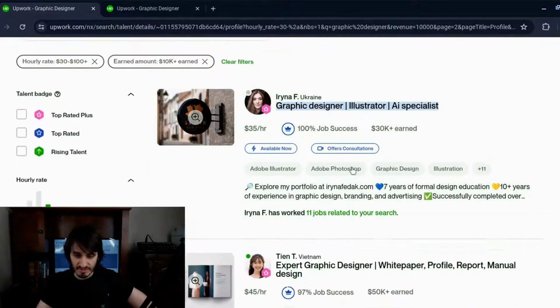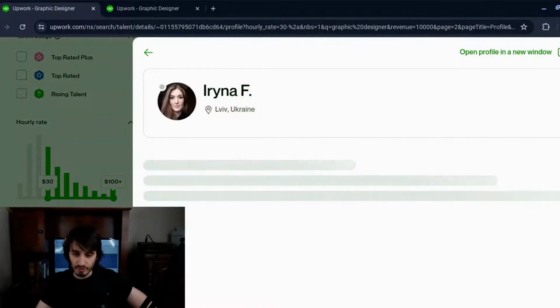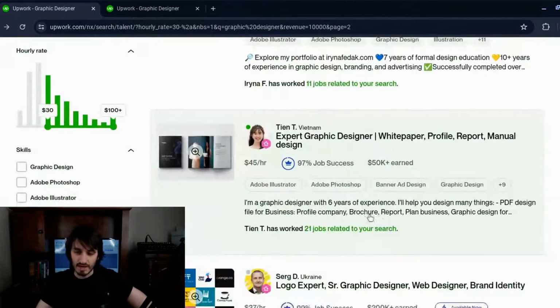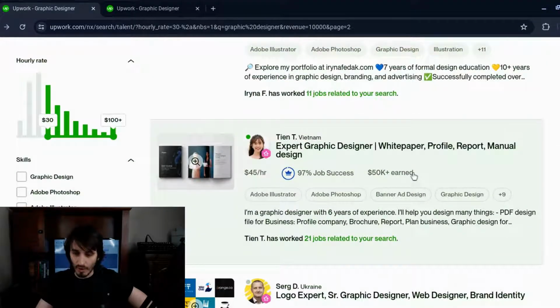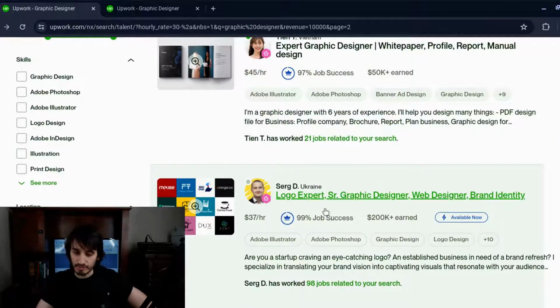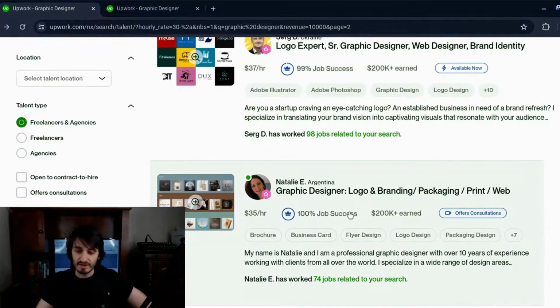That's very different. Expert graphic designer, white paper, profile, report, manual design. All right. Logo expert, senior graphic designer, web designer, brand identity, graphic designer, logo branding, packaging, print, web. There's different ways to do it, but what you'll notice is that these people are not just going to target just graphic designer.